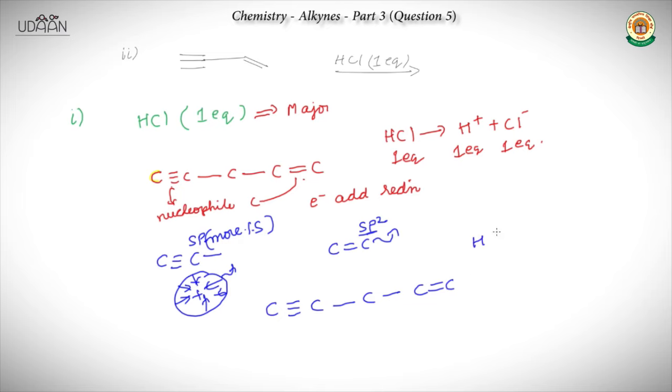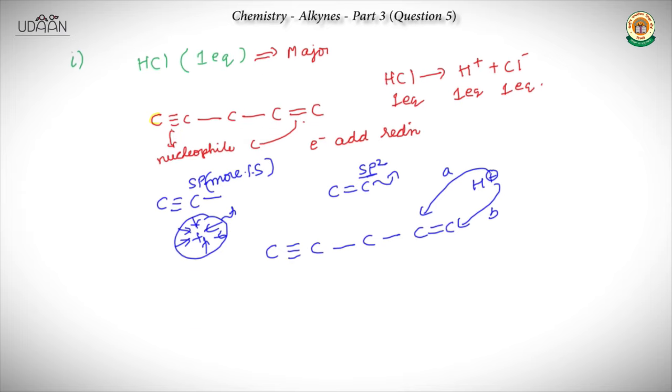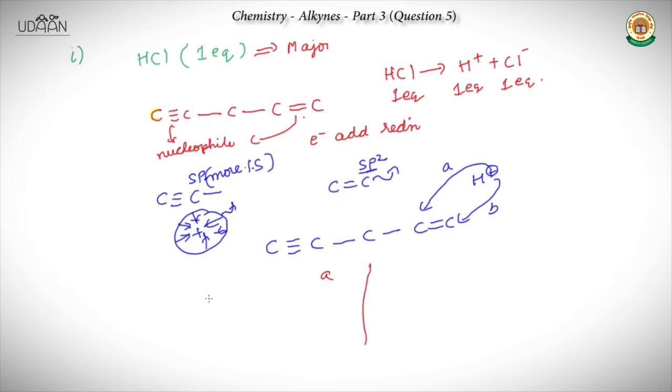Now H plus can attack either this carbon or this carbon, the same thing. Let's call them A and B. If it attacks on A, then you will get C triple bond C, C, and since the bond is shifting in this direction, you get a positive charge here. But if it attacks on B, you will get C triple bond C, a positive charge here and hydrogen here.